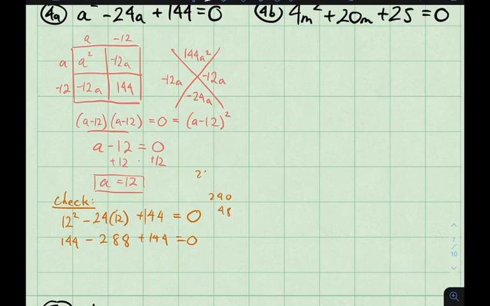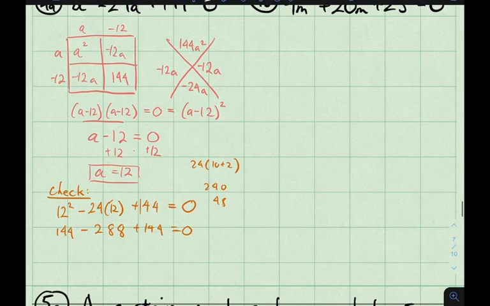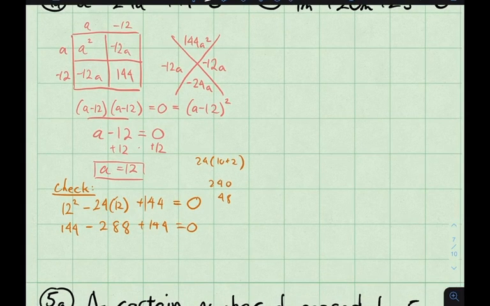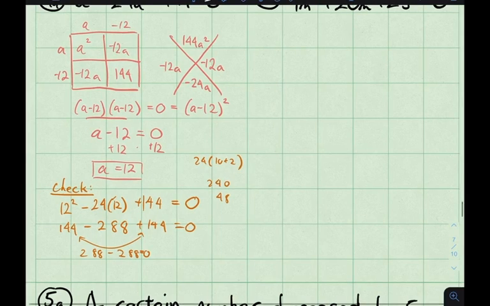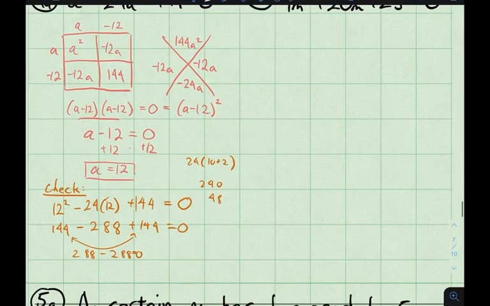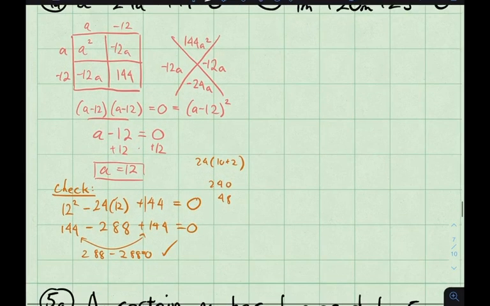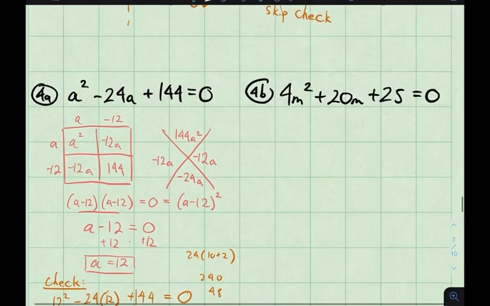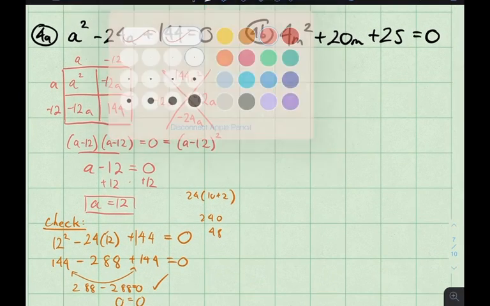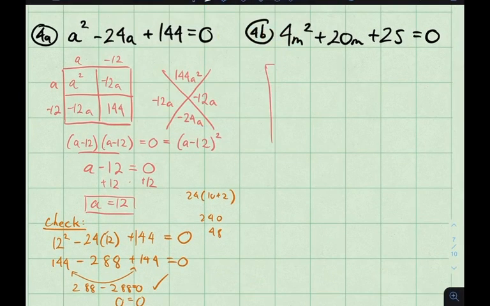So what I did was 24 times 10 plus 2 in my head. Add these two things together. 288, that's positive. Take away 288 gives us 0. To the side, 0 equals 0. To this side, draw our box and diamond.